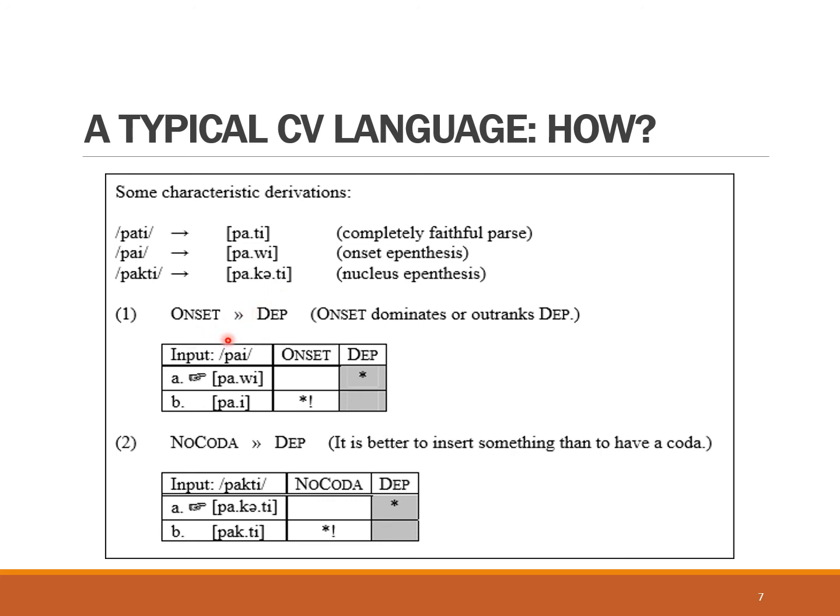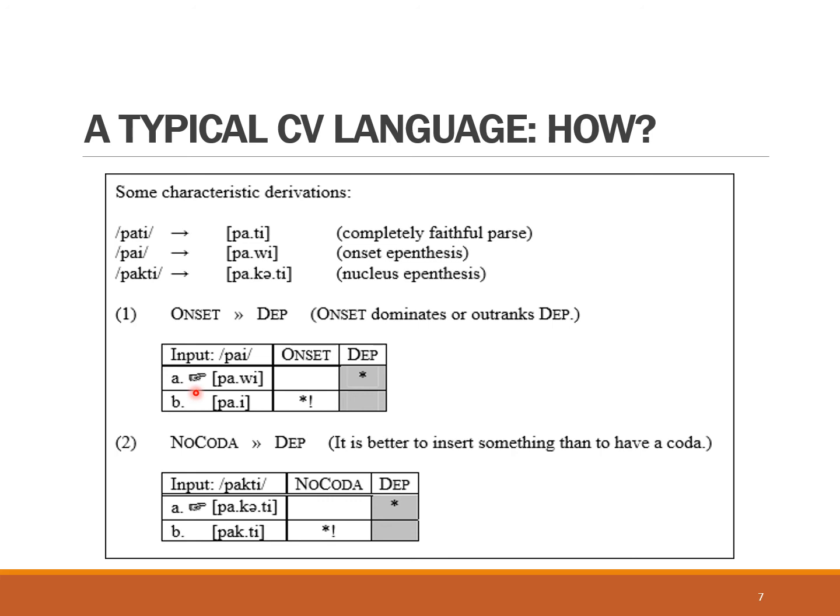And here are two different rankings of the variation which operates to give a typical CV language. In the first one, as you can see, onset takes precedence over depth. So appendices are fine, but you cannot have a syllable without any onset. So from an input pi, Pawi is the optimal candidate.